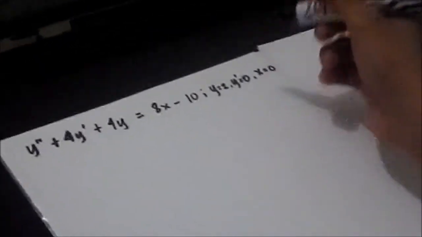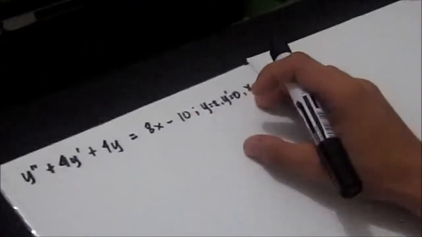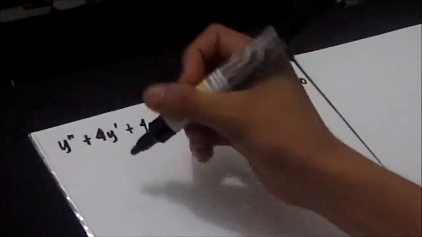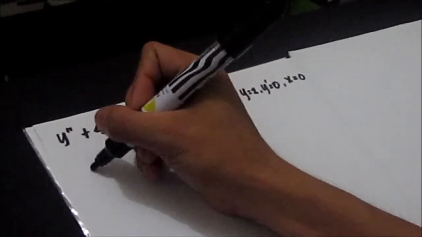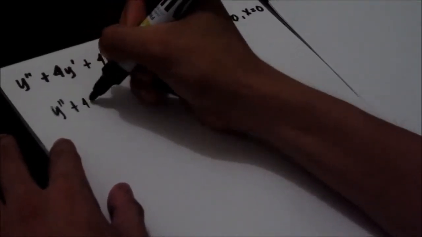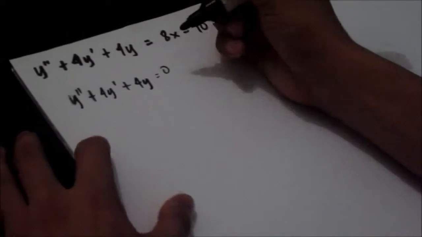In finding the complementary function, we shall find the roots of the homogeneous part. So we have y'' + 4y' + 4y = 0.